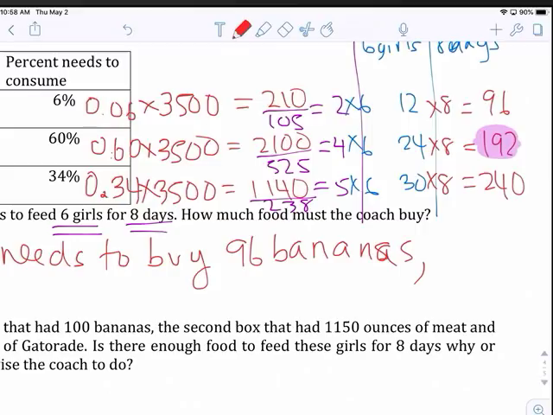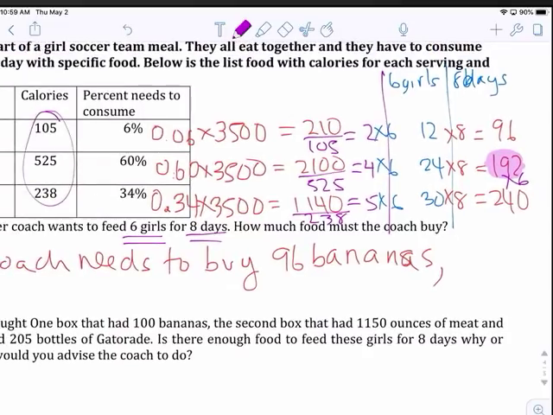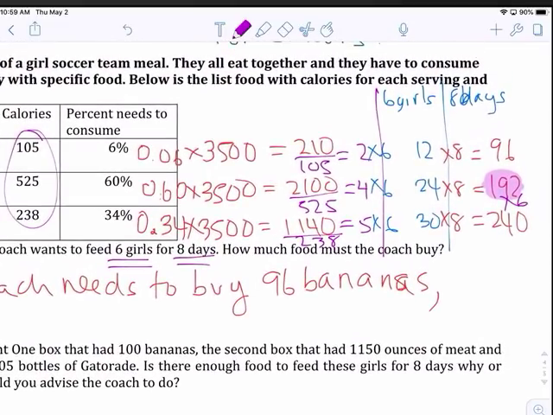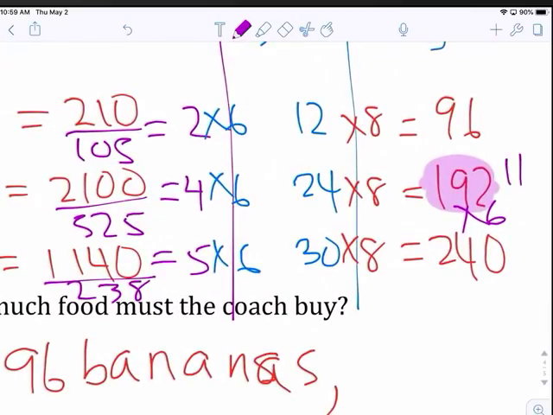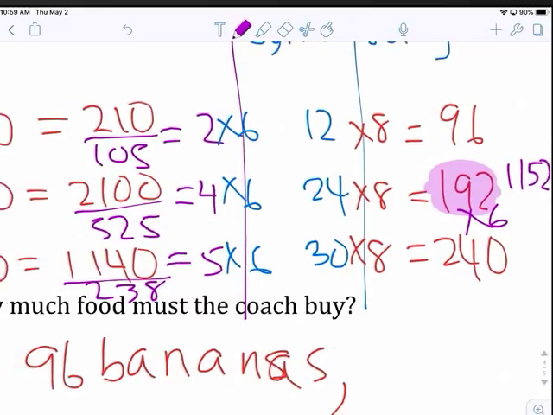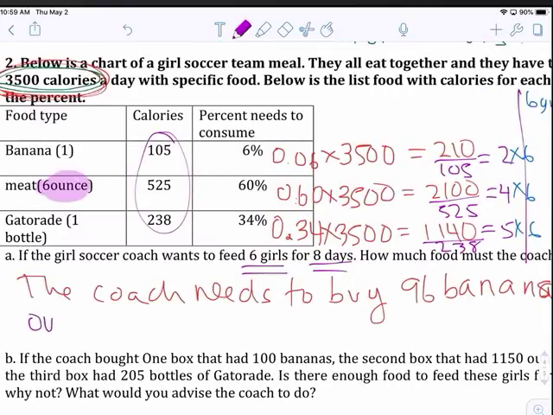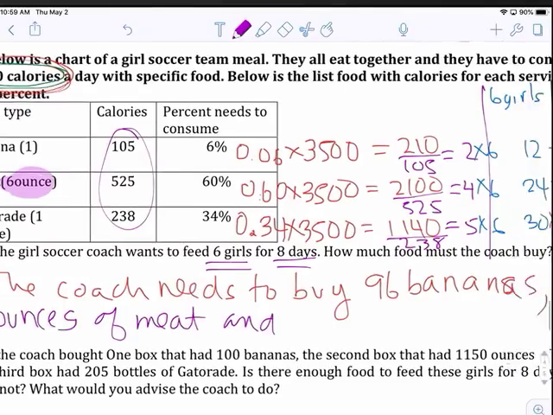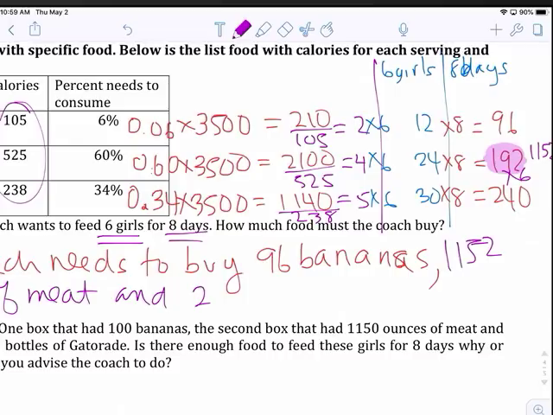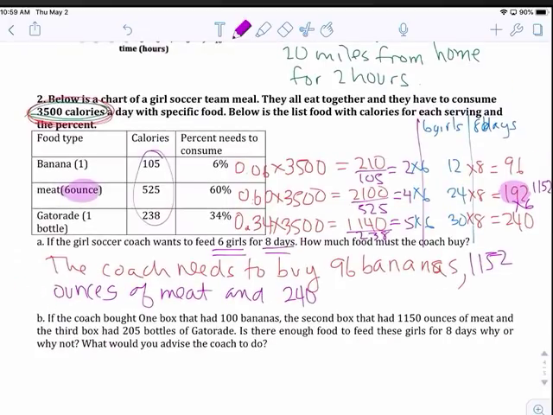Okay, you have to multiply times 6 here to get how many ounces? 1,152 ounces of meat. And 240 Gatorade bottles.